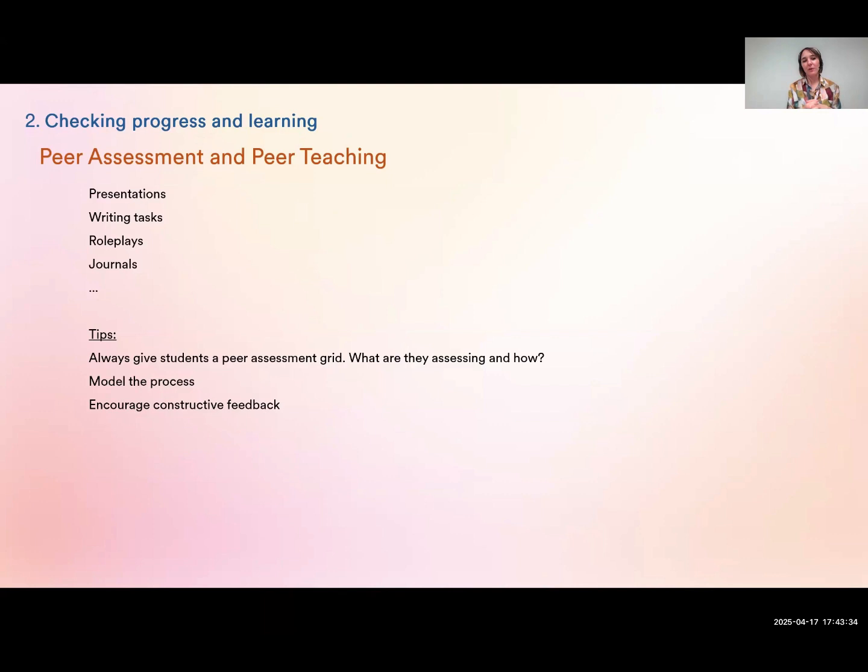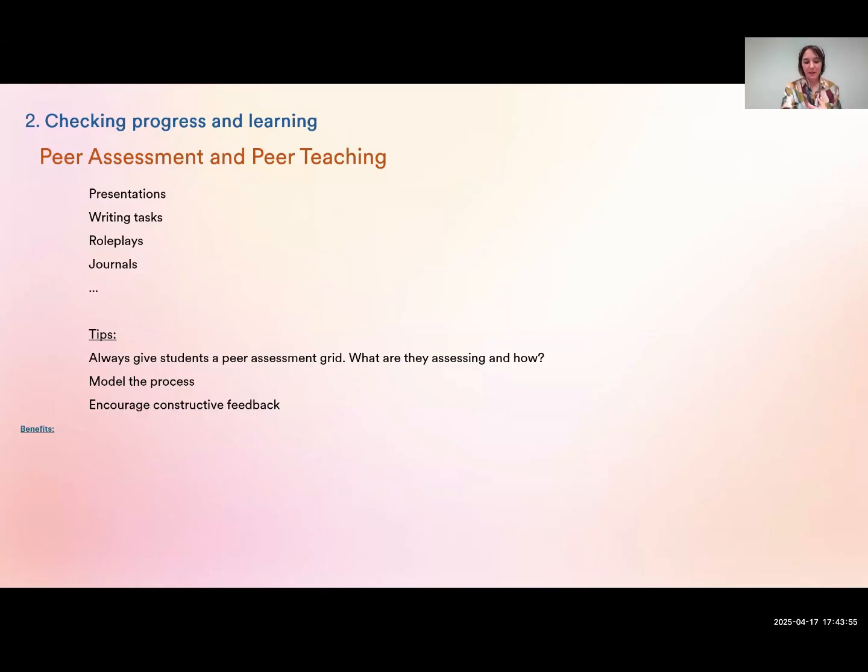Very important is to encourage constructive feedback, so that the students also add a note of what they liked about that specific presentation or role play. It's great to give corrective feedback, but constructive feedback is always very important.